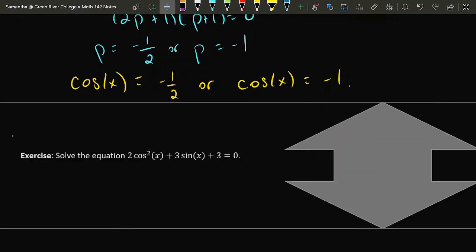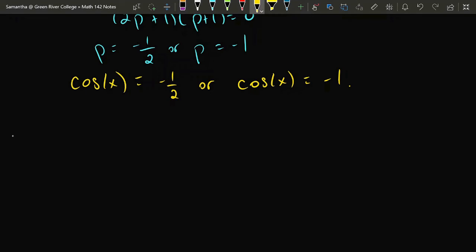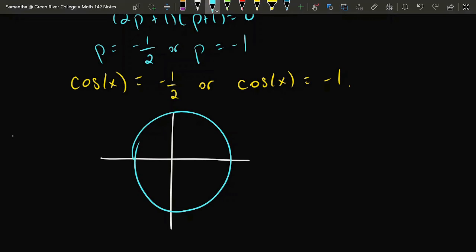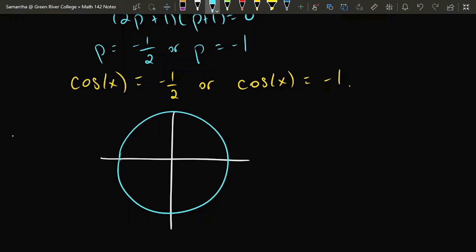Now these outputs, just like in the previous problem, are pretty convenient because they do show up on our unit circle reference image, and therefore we do not need to use our calculator and the inverse sine and the inverse cosine function on our calculator to help us to figure out the angles where these outputs are achieved.